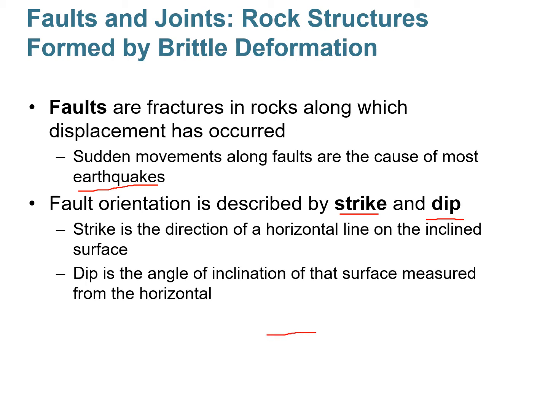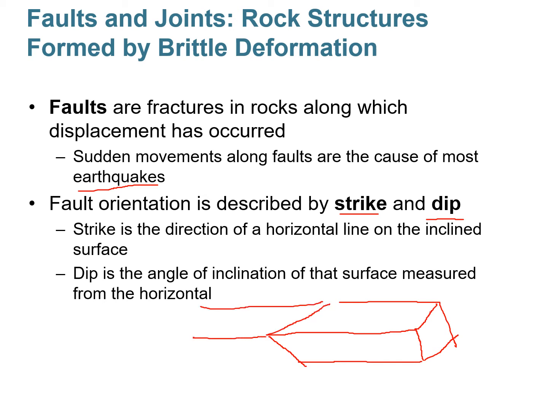Okay, now I know it's going to be hard to draw, so just imagine this is three-dimensional. Okay, that's not too bad. So let's pretend the fault surface is here. Here's the fault, and then this is kind of two rock blocks here. This here is the fault surface, and then this here would be the strike.